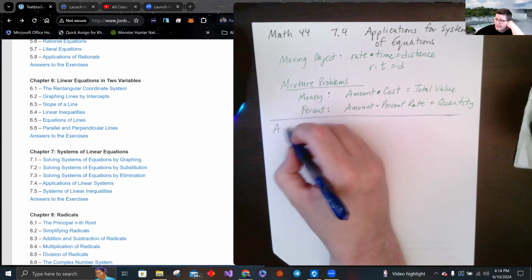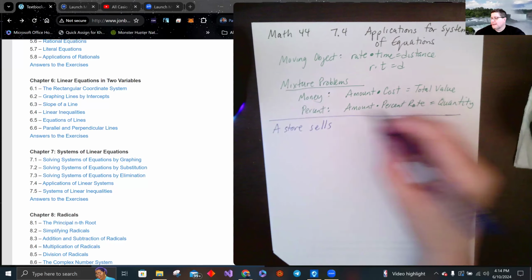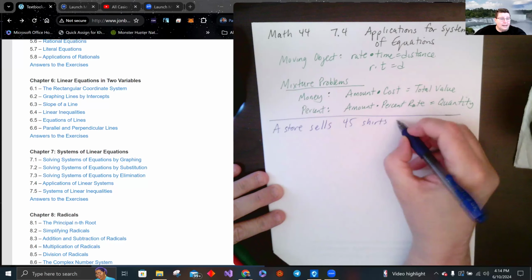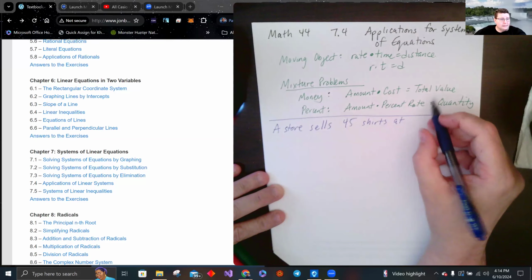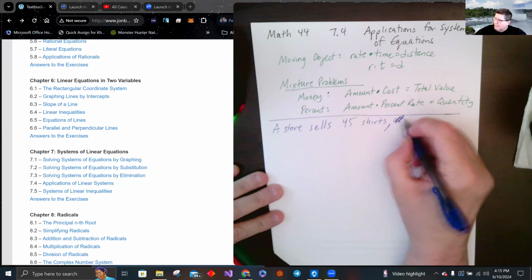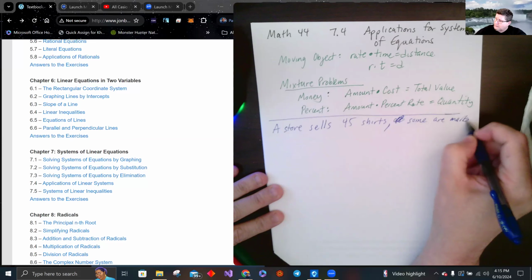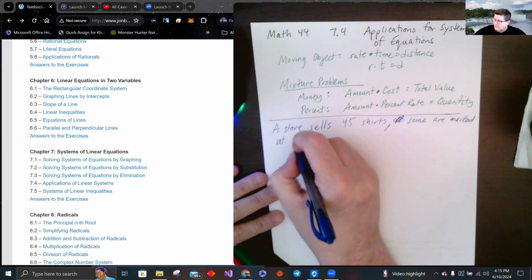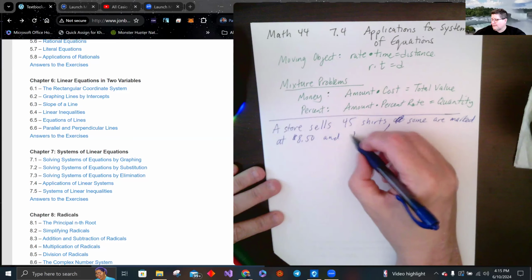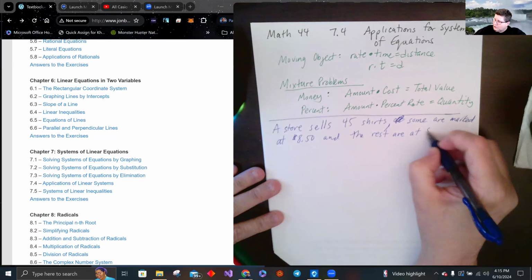So, some of these are a little contrived, but let's say a store sells 45 shirts. Some are marked at $8.50, and the rest are at $9.75.